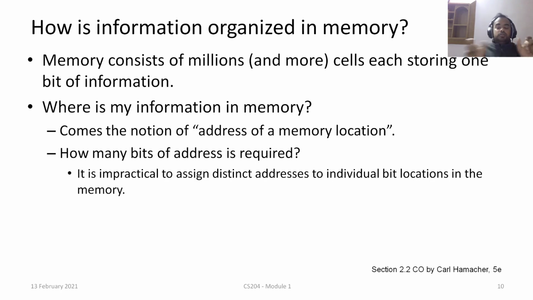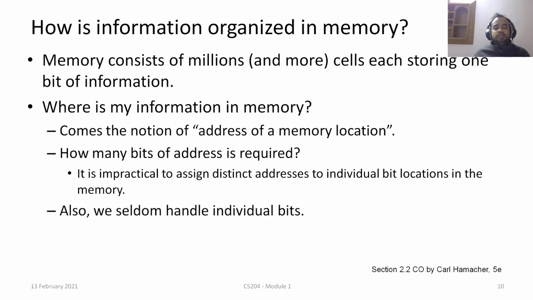Now both need to be stored in the memory, right? Otherwise you will not be able to know what is the address to begin with. So if the address space, or the size of the address, is big, then the hard disk will be filled more with addresses than the data itself. So accordingly, the address space is reduced, and we typically do not use individual bits to manipulate.